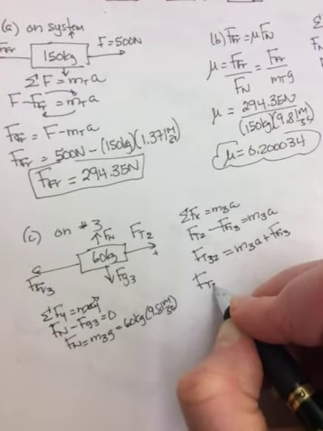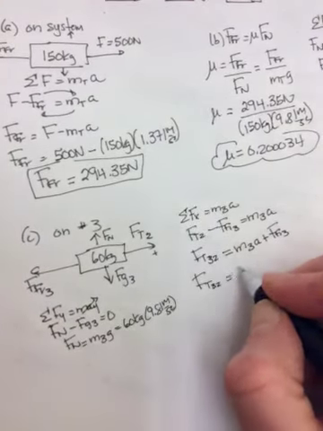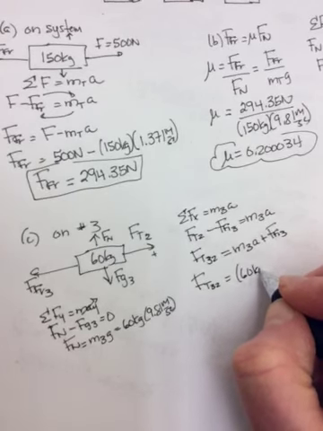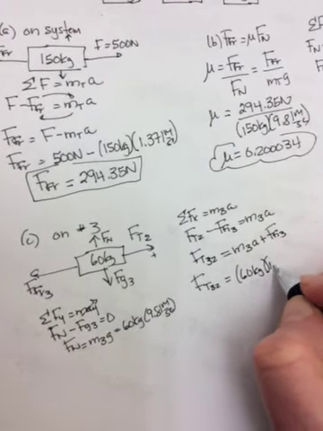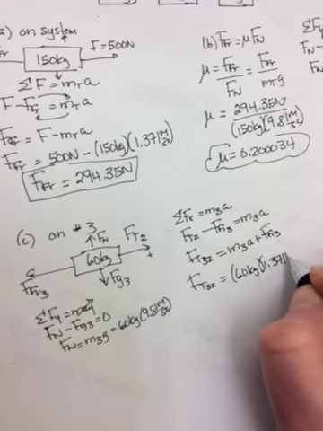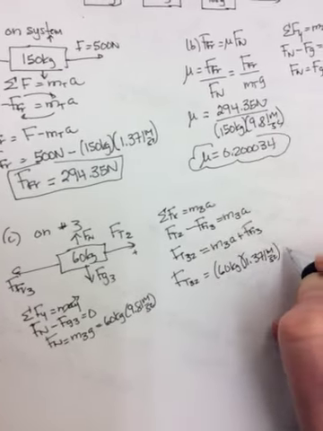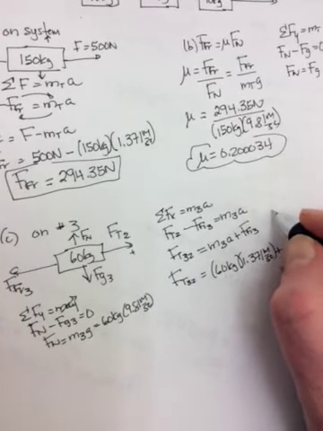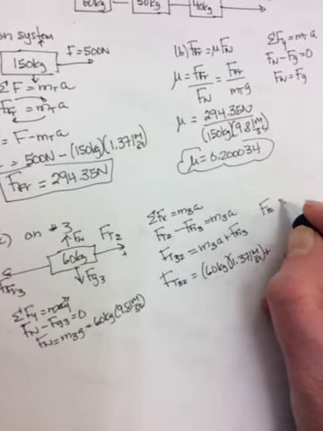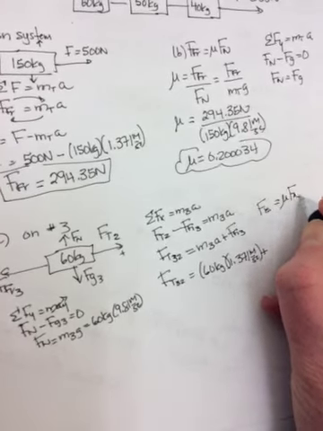So the tension between 2 and 3 will be 60 kilograms times 1.371 meters per second squared, plus, and friction is really mu Fn.